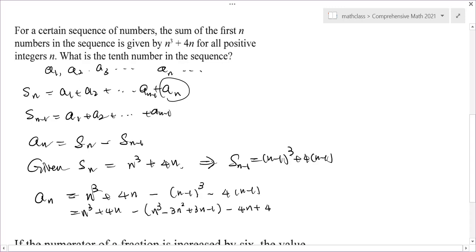The n cubed cancels out, 4n cancels out. So what I get is 3n squared minus 3n plus 1 plus 4, which is plus 5. That is the formula for the nth term. Then when n equals 10, you can get an answer.